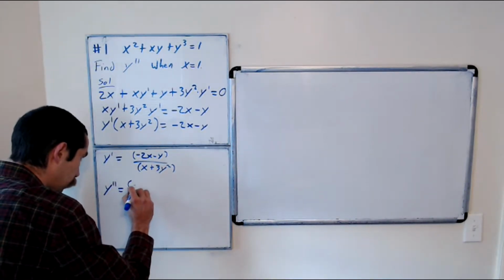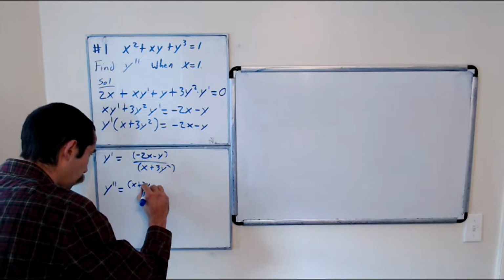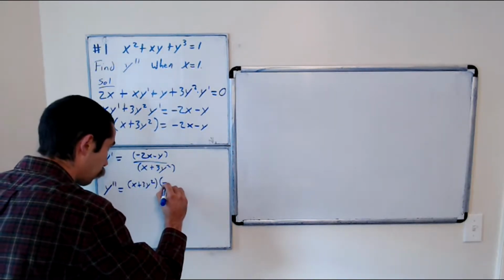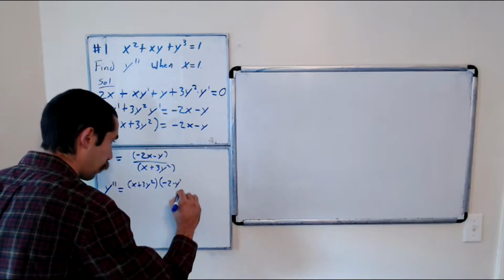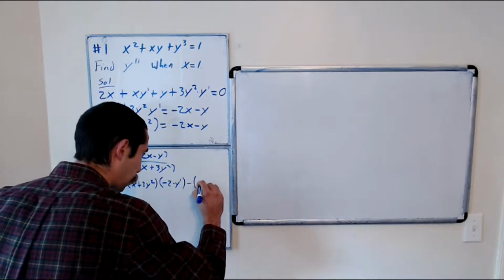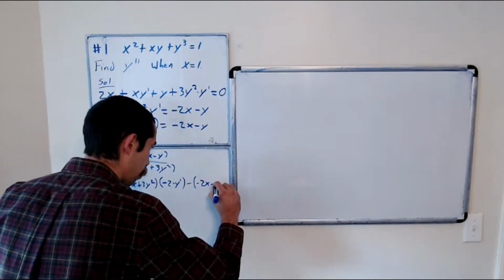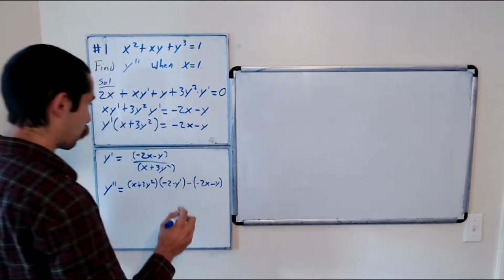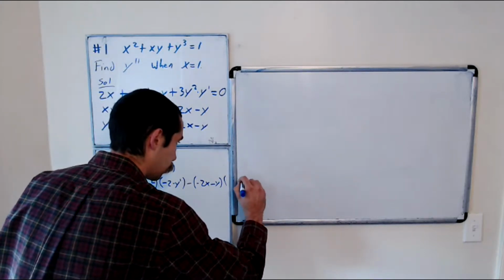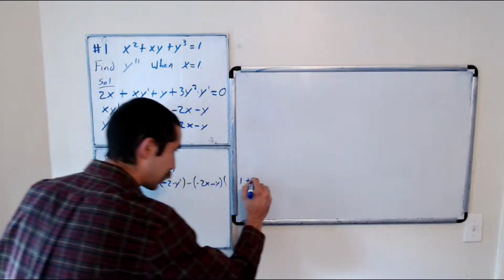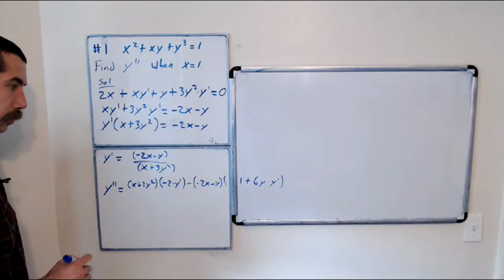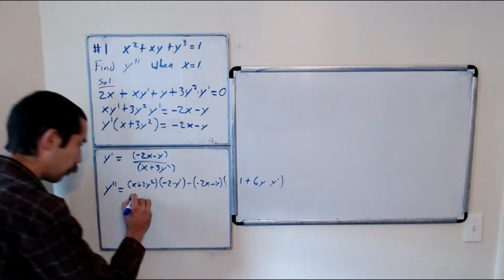Bottom times the derivative of the top minus the top. I guess I'll have to go on to this next board, times the derivative of the bottom, which is 1 plus 6y y prime, all over the bottom squared.